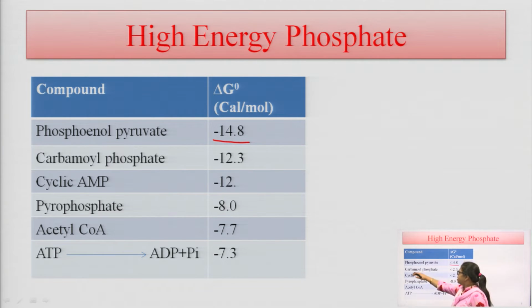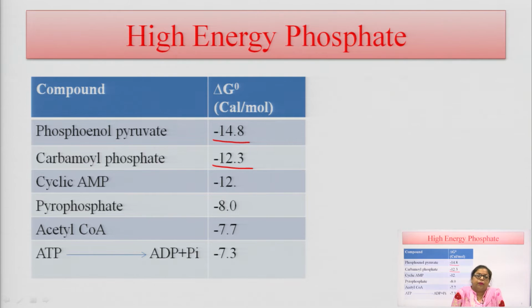The second one is carbamoyl phosphate, which on hydrolysis gives minus 12.3, also a high energy phosphate. The third is cyclic AMP, cyclic adenosine monophosphate, which on hydrolysis gives around 12 kilocalorie per mole.